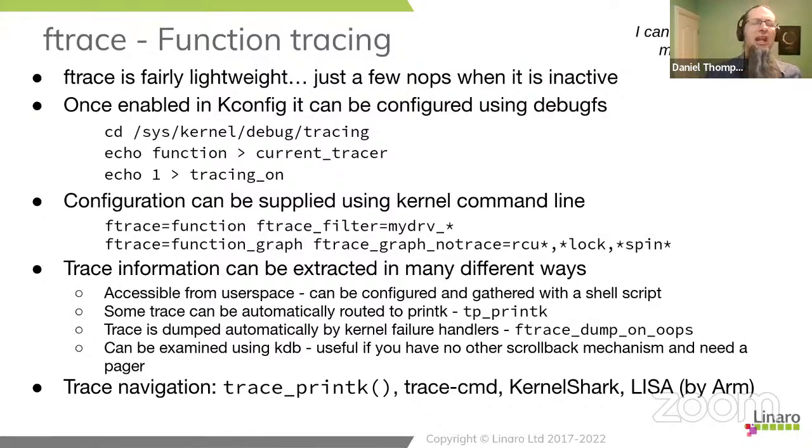You can cause some trace to automatically route to printk, but you can't actually take the function trace. You can take trace points and put them to printk, but you can't take function calls into printk. So that's fairly minor.